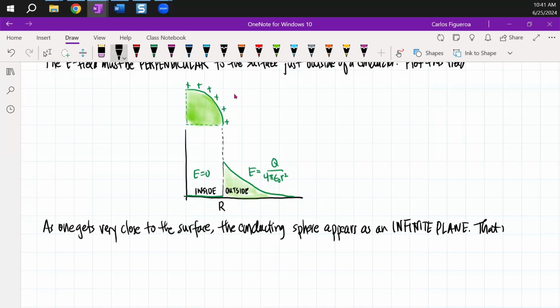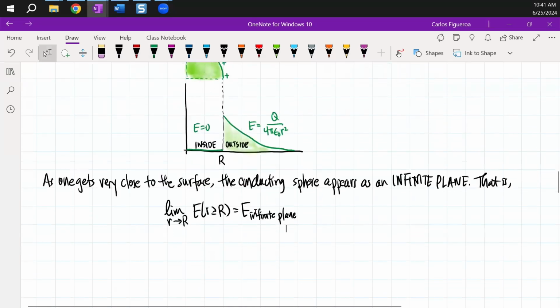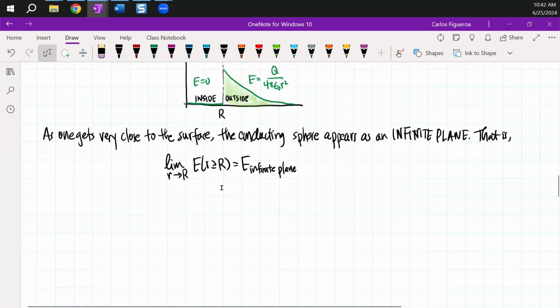So in the limit, as r approaches big R and you get really close, the electric field of this guy has to be the field of an infinite plane. So right away, if I ask why the field must be perpendicular, well, in the limit, as we get really close, it looks like an infinite plane. So that field must be perpendicular, because that's the way the field of a plane is.